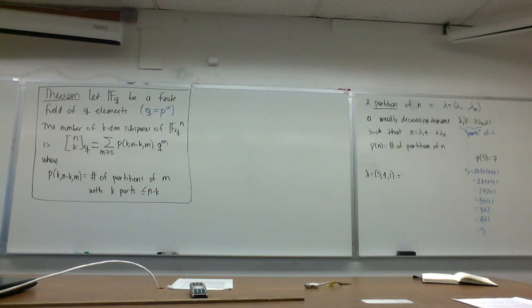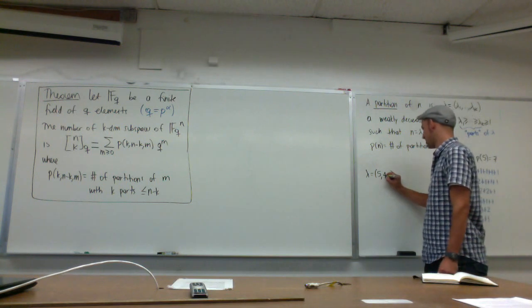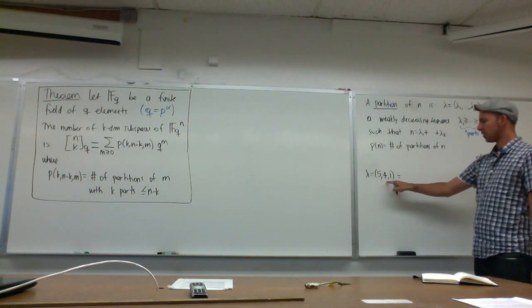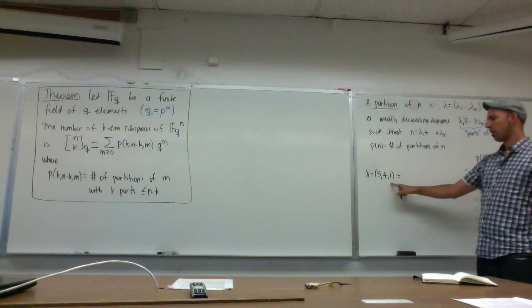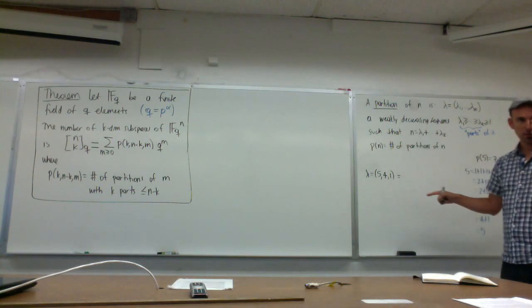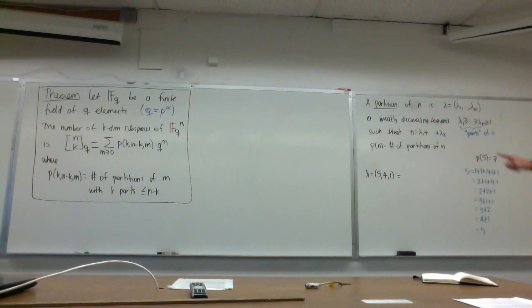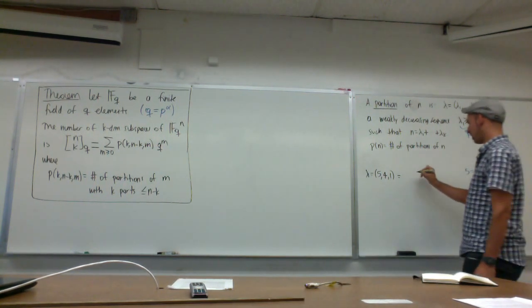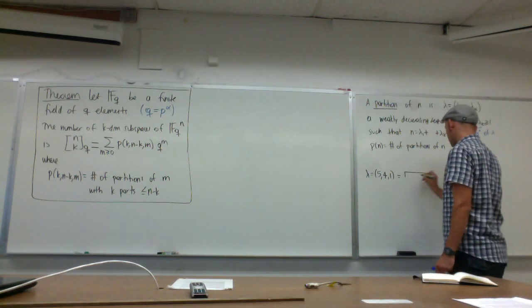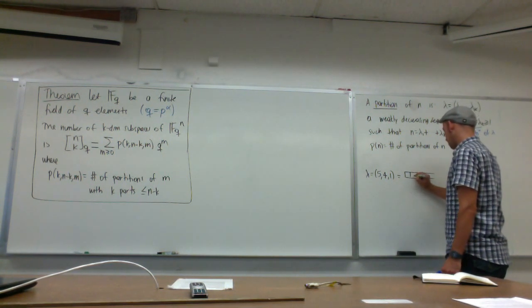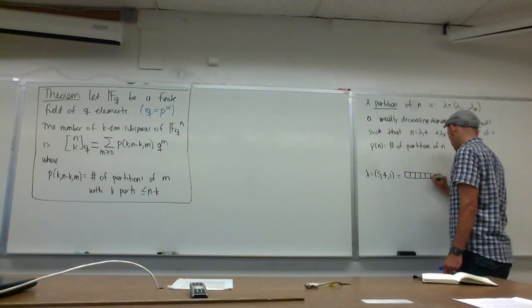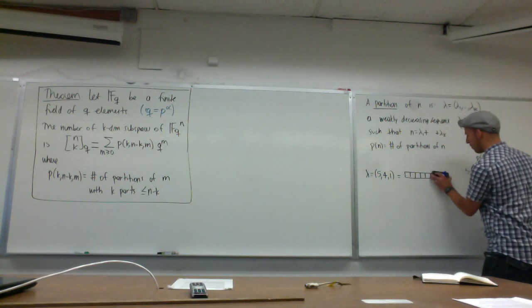It's customary to draw a little diagram for this that's very nice and useful. I'm just showing you a nice way of drawing a partition, just to make a little diagram like this. Where you put 5 little squares, 1, 2, 3, 4, 5, and then you put 4 in the next row.